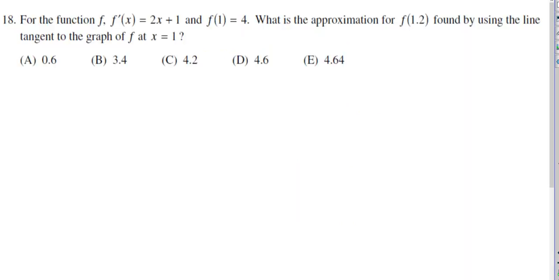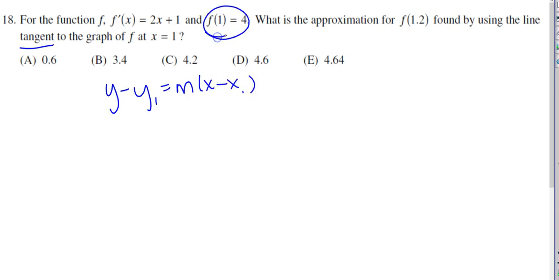All right, question 18. For the function, f prime is 2x plus 1 and f of 1 is 4. What's the approximation for f of 1.2 found by using the line tangent to the graph of f at x equals 1? So as soon as I see that, I'm going to think point-slope form first. Notice that there's your x1, y1.